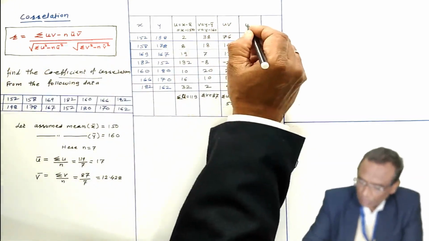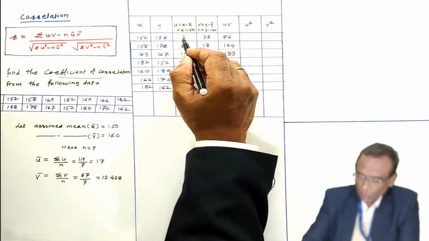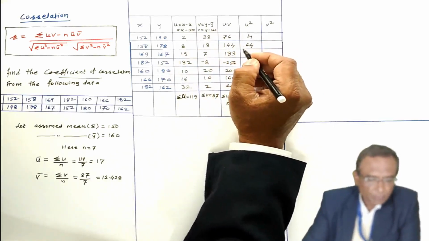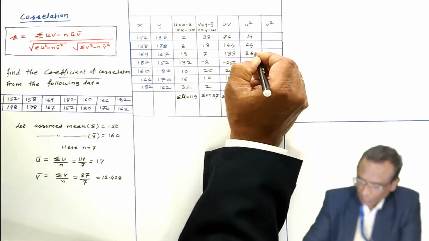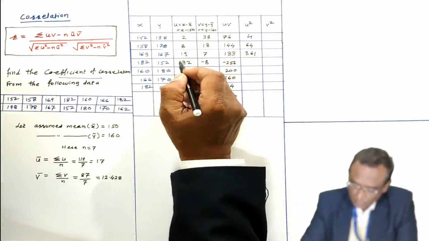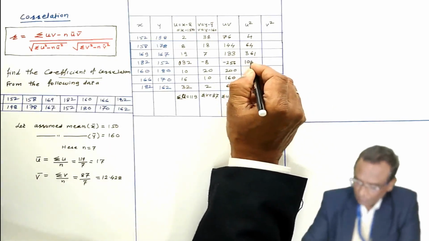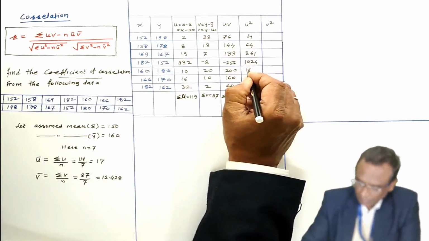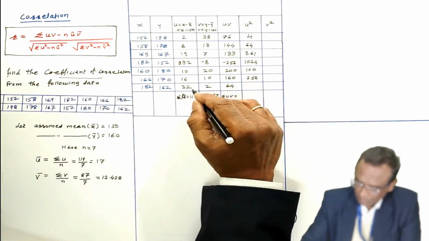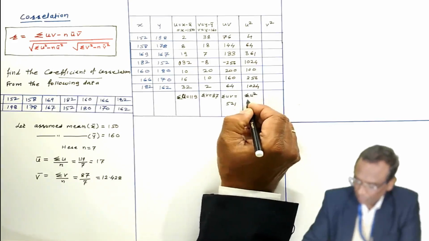The summation of u square is also required, and v square is also required. The u square means the square of u. 2 square is 4, 8 square is 64, 19 square is 361, then 32 square is 1024, and 16 square is 256. I want the summation of u square in the formula.